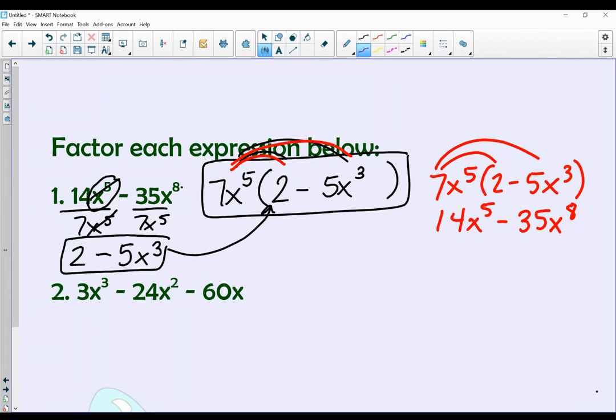So next one is a bit longer. So I'm trying to figure out, okay, what do 3, 24, and 60 have in common? Well, I know 3 goes into 6, so it has to go into 60. I also know 3 goes into 24, so that looks good. And then I see x squared, and x to the third power. So that means I can take out the smallest x.